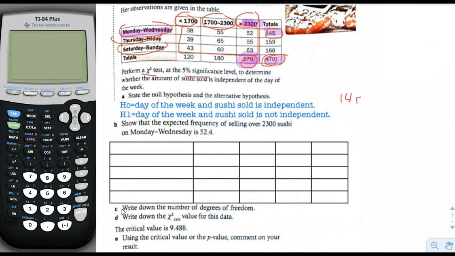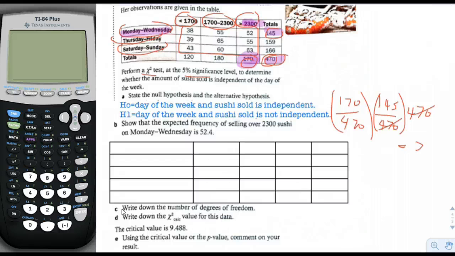So 170 divided by 470 times 145 times 470 is equal to, let's see, we'll do this on an offline calculator, which is much faster to type on. Gives us 52.4. What do you know? That's right. So we've shown it by setting up this equation.